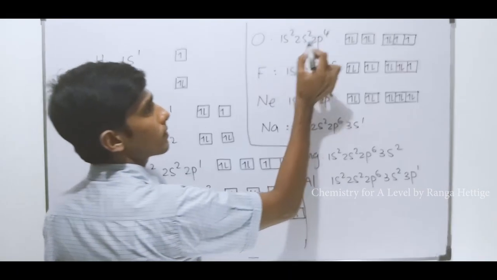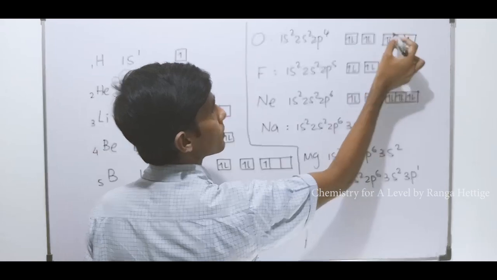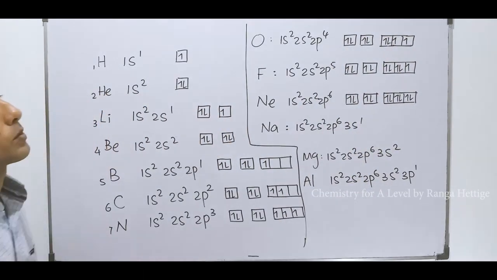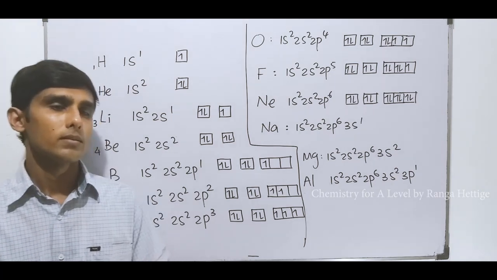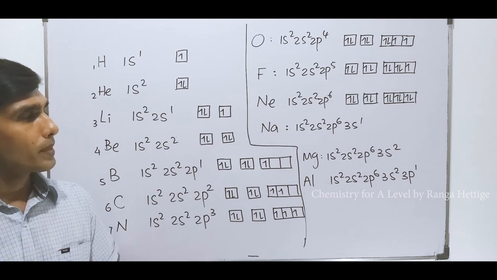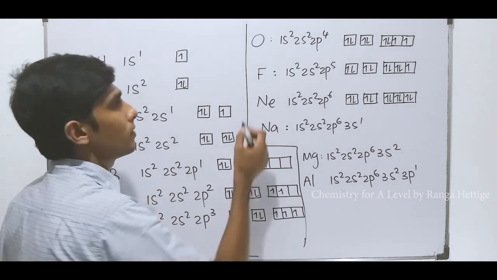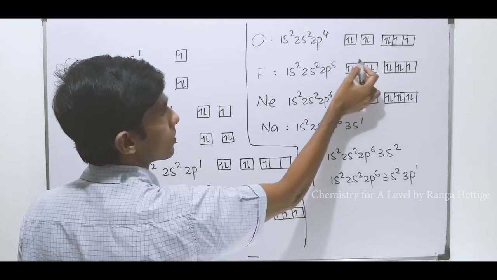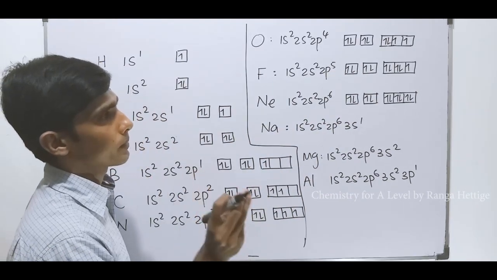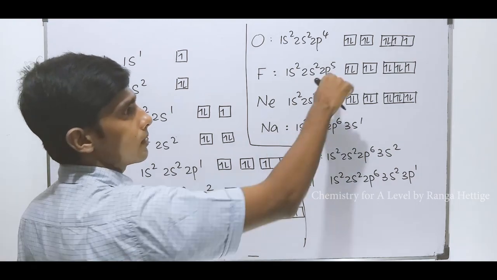And oxygen, 1s2, 2s2, 2p4, that means 1, 2, 3. The 4th electron comes to one of these p orbitals in which it gets paired. Then fluorine, 1s2. We stop there because that orbital can accommodate only 2 electrons.